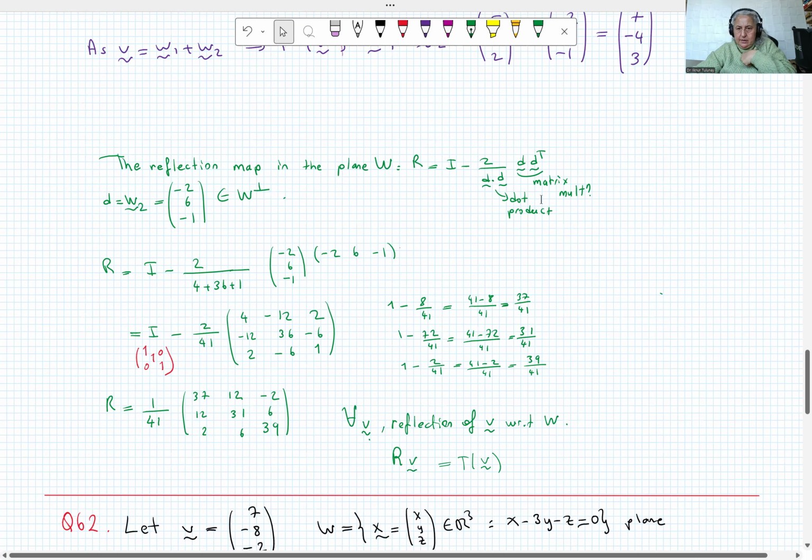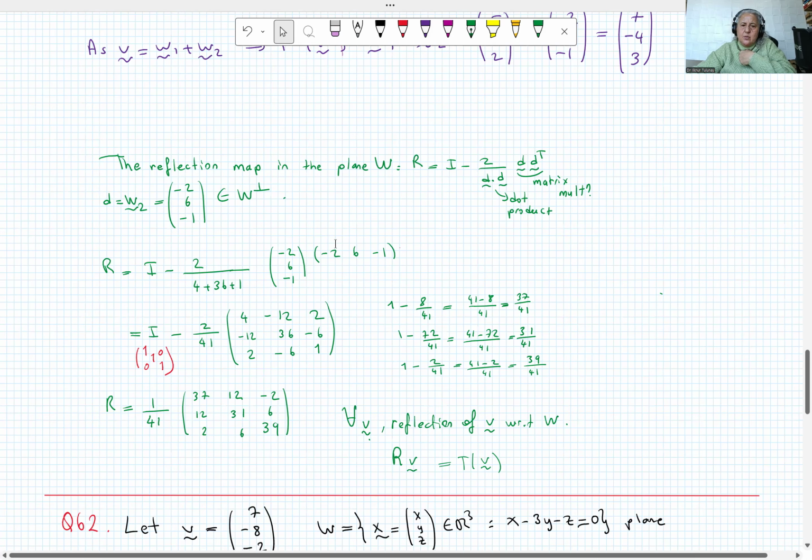So let's calculate this in our example. The task is basically this part. If you calculate D dot D, it will be -2 times -2, which is 4, 6 squared is 36, 1 squared is 1. So this is that number. Now you have D, and D transpose is this one.